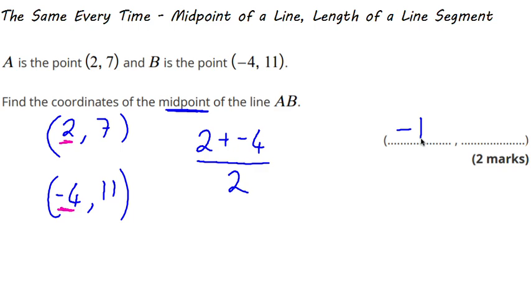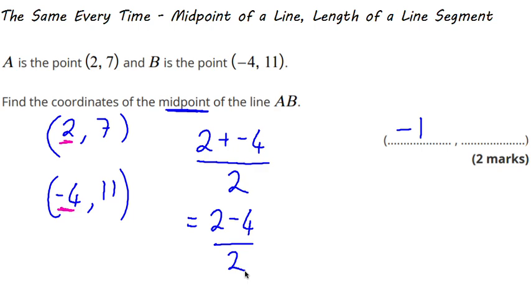If we don't have access to a calculator, if we are on a non-calculator paper, then we can still do this. Work out the top of your fraction first. 2 plus -4, plussing a negative is the same as minusing, isn't it? Divided by 2. Start at 2 on your number line and go 4 places to the left because we're minusing.